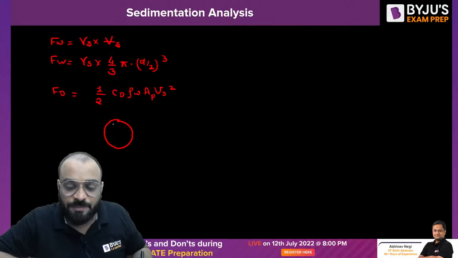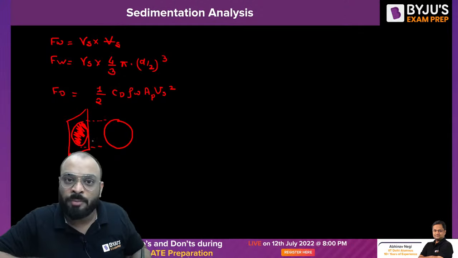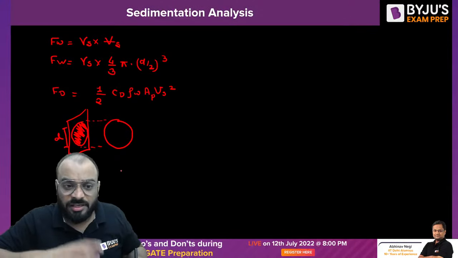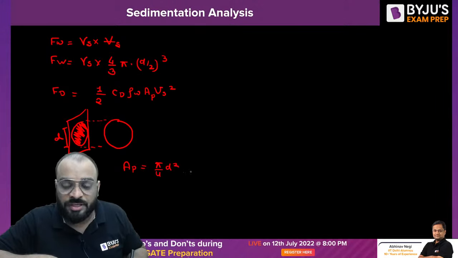If you project this particular area on a plane, then it looks like a circle, whose diameter is small d. Clear? So this projected area you can write here, guys, as pi by 4 into d square.